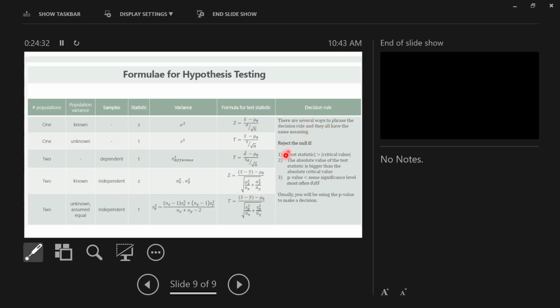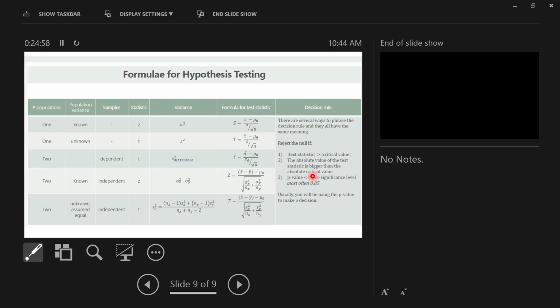So the decision, if the test statistic is greater than the critical value, you reject the null hypothesis, right? Another one, if the absolute value of the test statistic is bigger than the absolute critical value, you reject the null hypothesis.